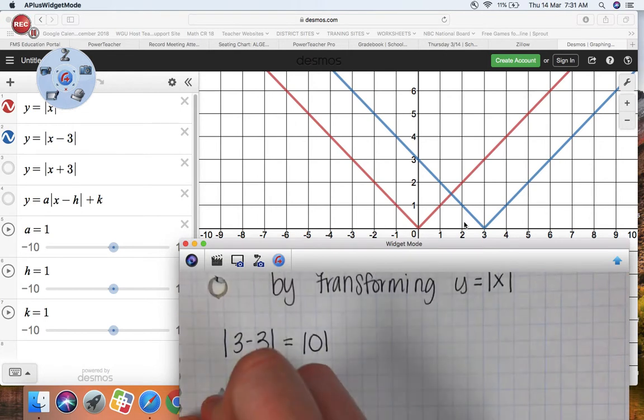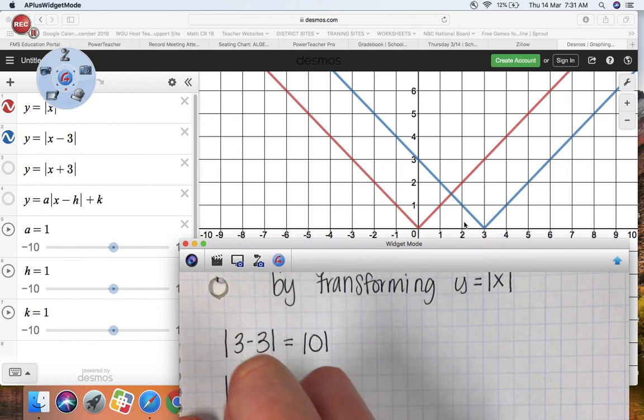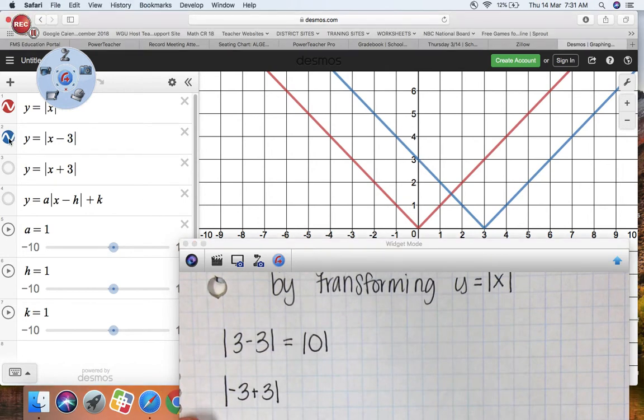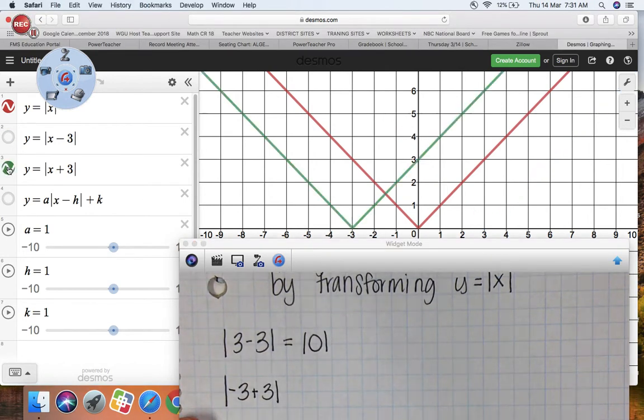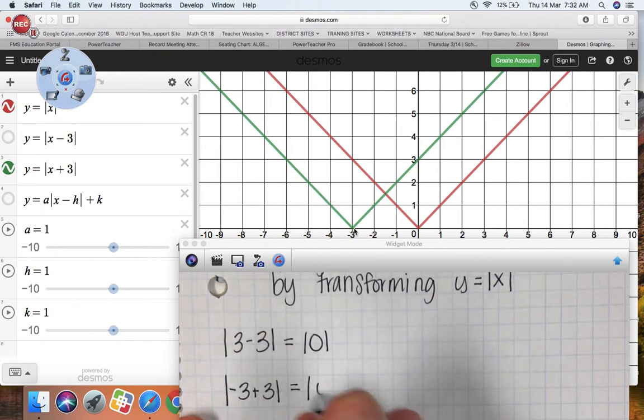Then if I do the absolute value of -3 plus 3, now I'm using the green equation, I'm just using the vertex, so -3 plus 3 would also be 0, and the absolute value of 0 is 0, so that's why it's graphed like that.